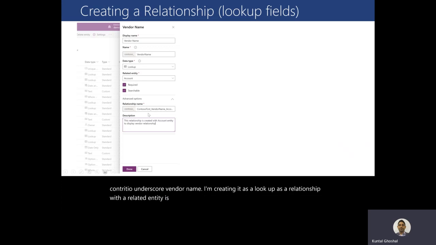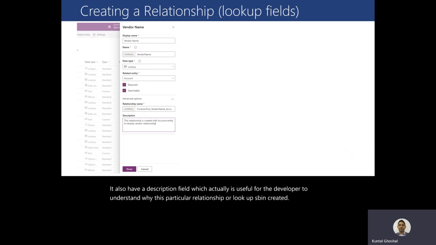And this is the actual metadata that gets stored in the database, which determines the parent-child relationship between these two entities. It also has a description field, which is useful for the developer to understand why this particular relationship or lookup has been created.